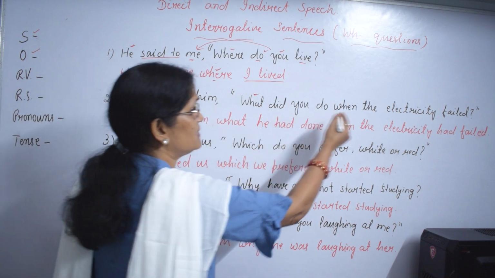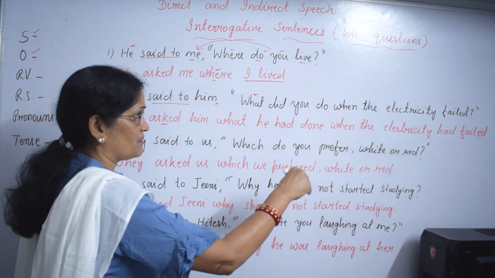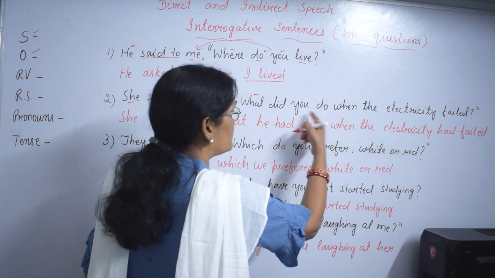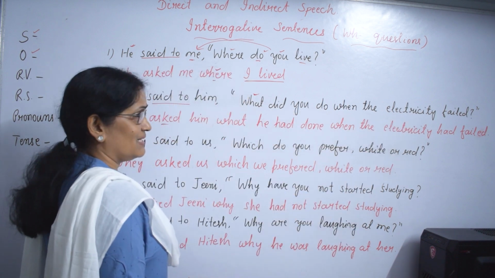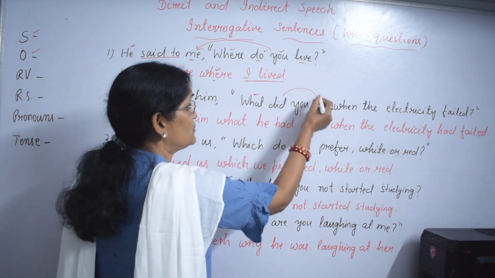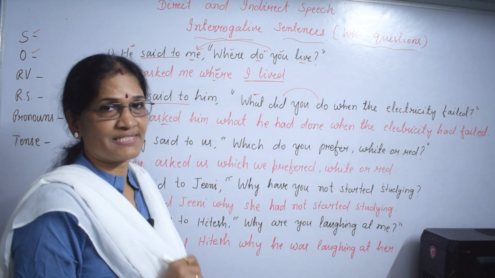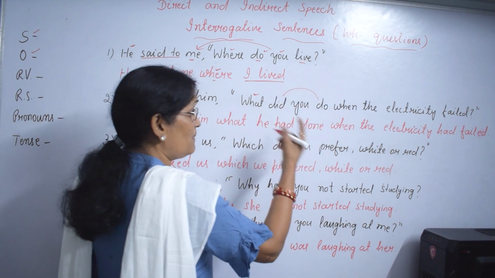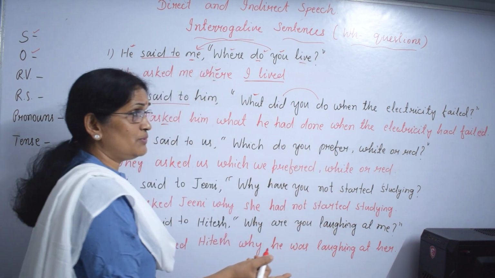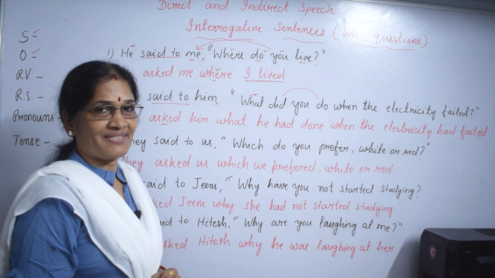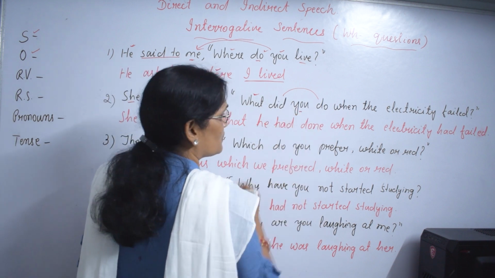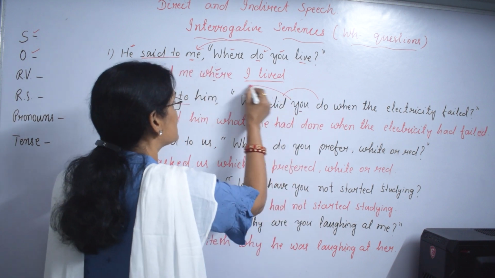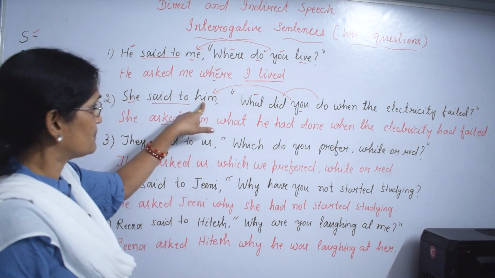Then you change the sentence into assertive. "Did you do? What did you do when the electricity failed?" Did you do means it is simple past. Simple past will be changed into past perfect in indirect speech. You is a second person pronoun and will be changed as per the object, him.